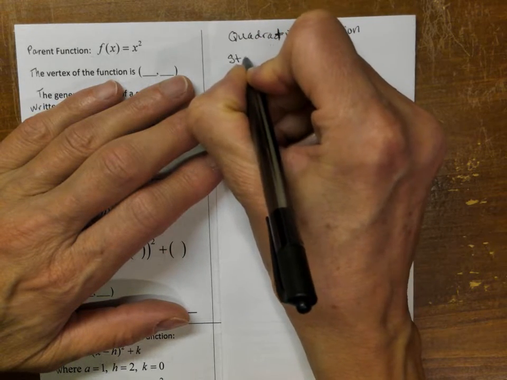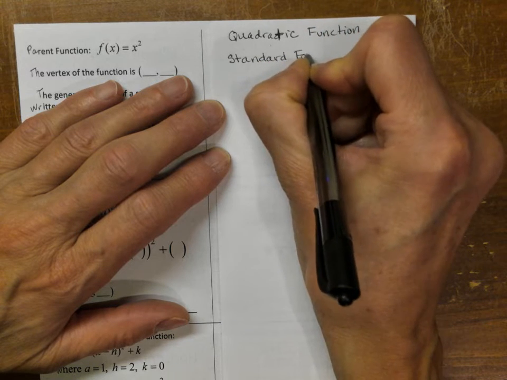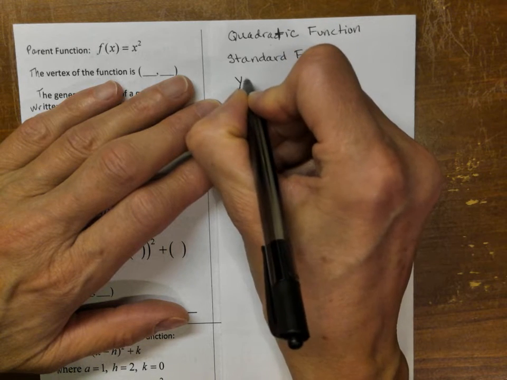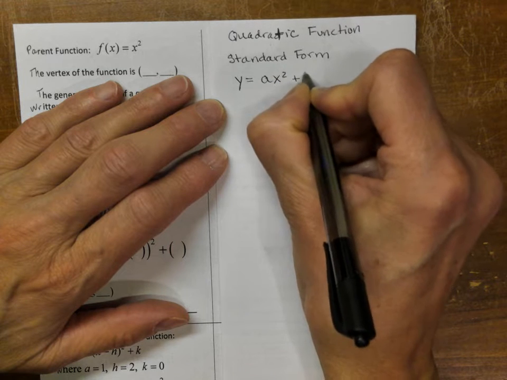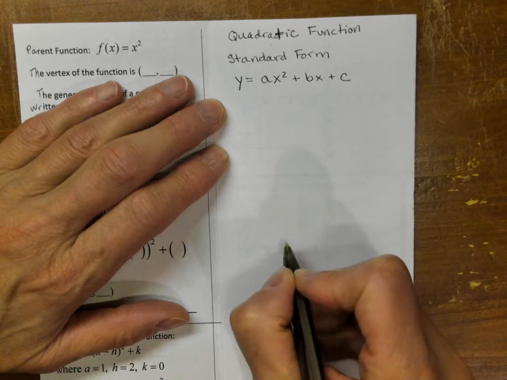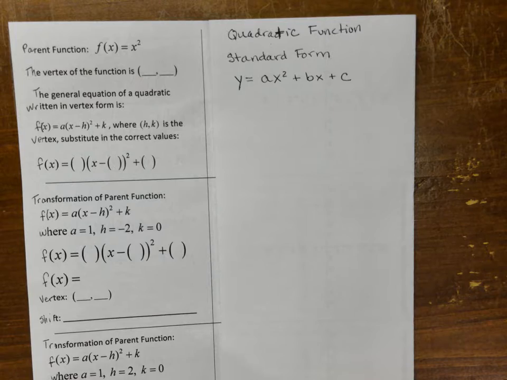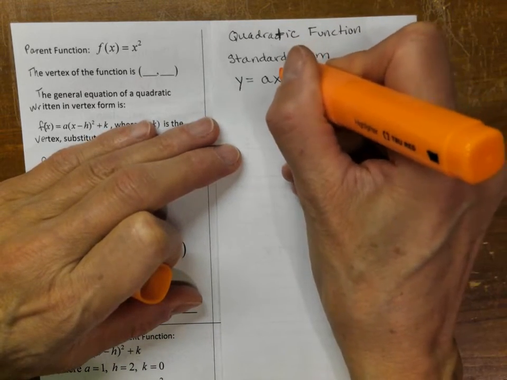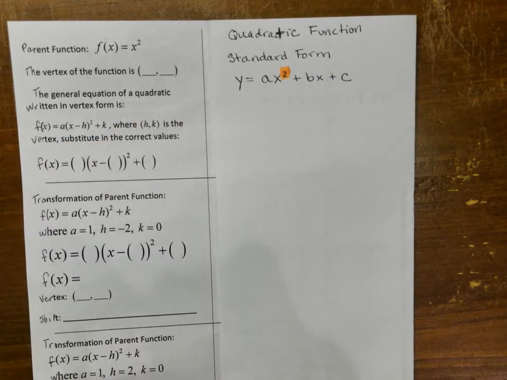First, we're going to look at what's called standard form, and standard form is y is equal to ax squared plus bx plus c. Now, if I want the parent function, there's a couple things that I must have. First, the highest degree, which is a degree of 2.